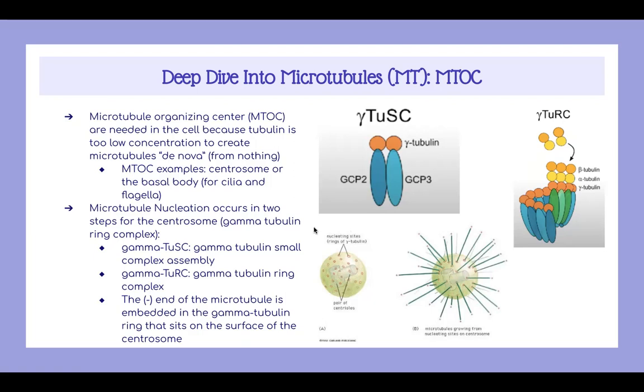Can I ask for some clarification? Yeah. So the microtubule grows only on the plus side? They can theoretically grow on both sides, but because the minus end is in the centrosome, there's not much happening there. So for our knowledge, we just focus on the plus end. Okay. And the gamma tubulin, is that only involved in the MTOC?